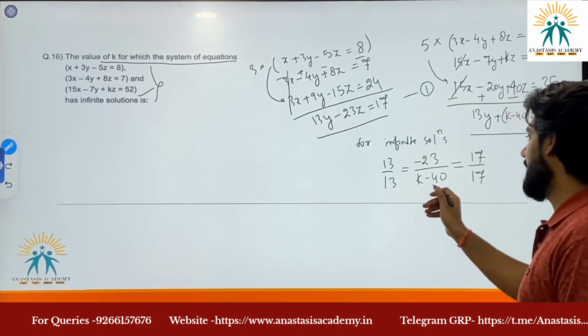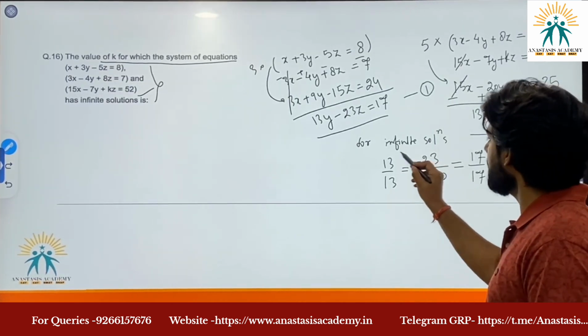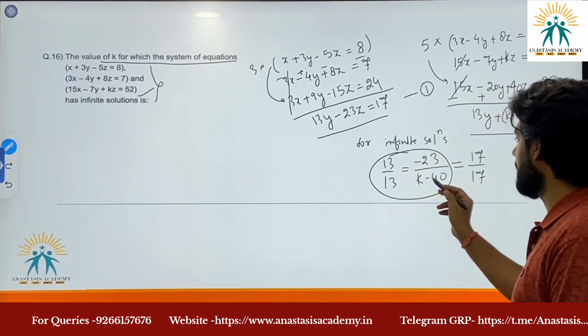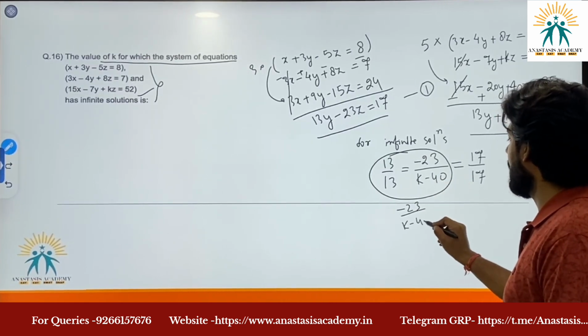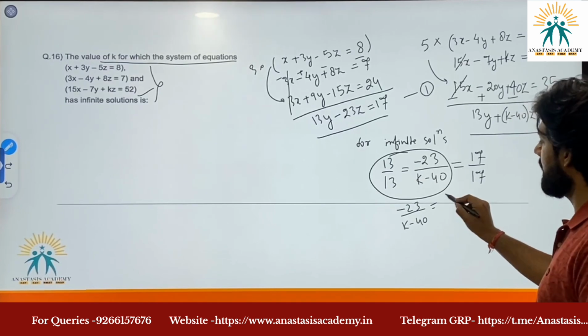From here I can find the value of k by considering any one ratio. So -23 upon k - 40 is equal to 13 upon 13, that is 1.